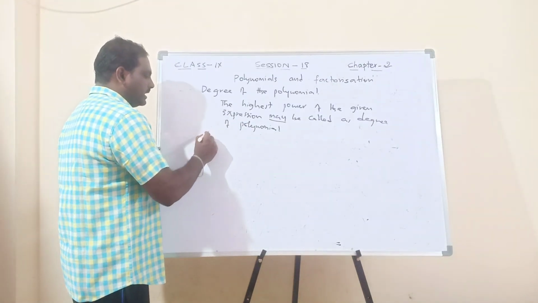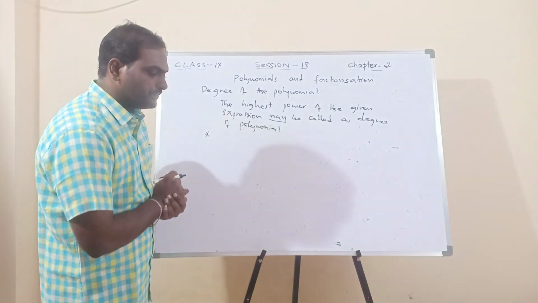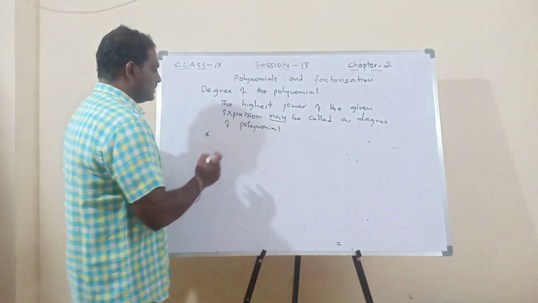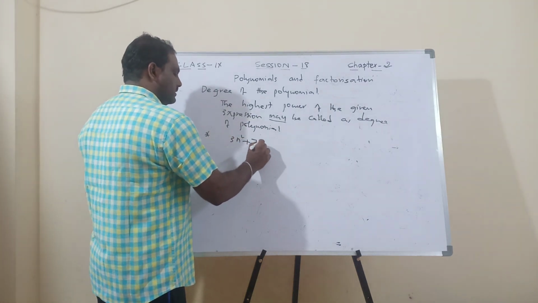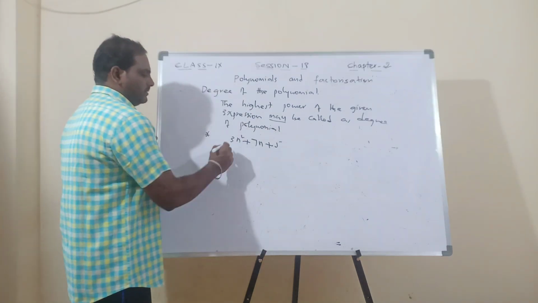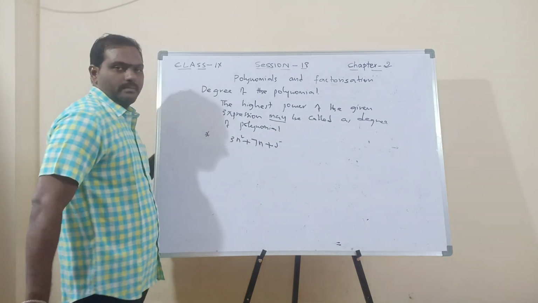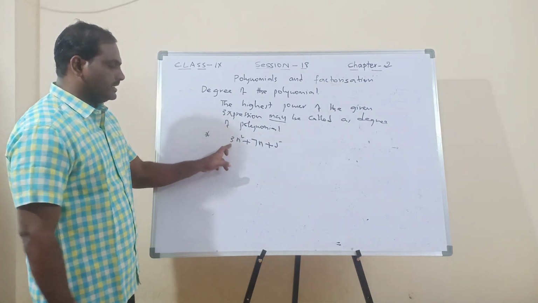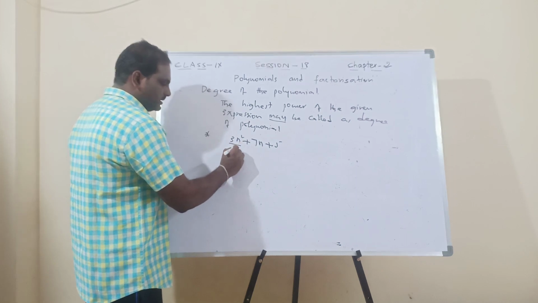We will try with more examples, then you will get an idea. First, I am writing 3x square plus 7x plus 5. How many terms are there? There are 3 terms: 1, 2, 3. What is the degree of this? What is 3x square? The first term has degree 2.